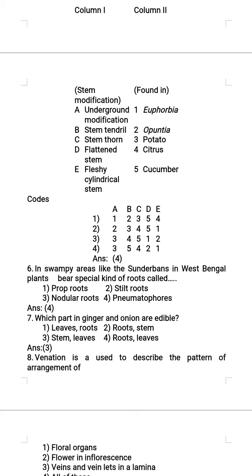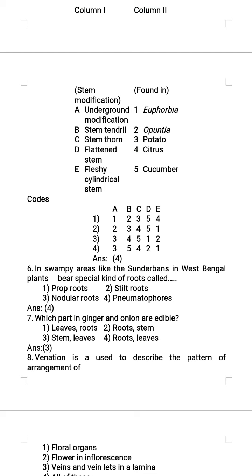In the cucumber plant, the axillary buds are modified into stem tendrils to hold a support, like any wooden sticks or nearby stems or branches or plants. These tendrils help to get support from that, hence the stem is weak because it's a creeper. Understand? So stem tendril, B is matching with 5, cucumber.